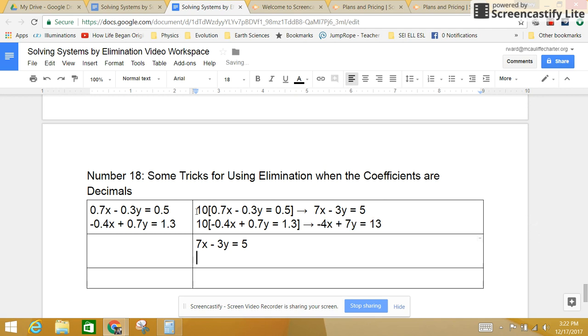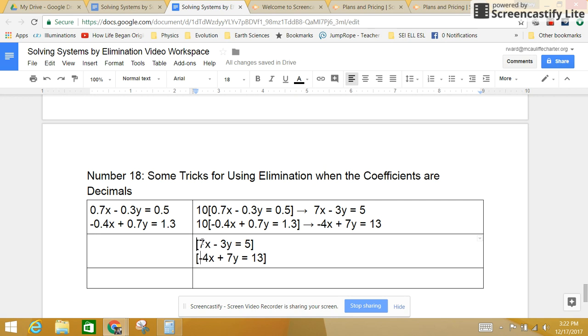Now, the first thing I notice is that they don't have any coefficients that are equal or are opposite. So I've got to multiply them by something more to get at least one pair of coefficients to match up. So if I deal with the x's, I can use a tool that's familiar from getting common denominators to get common multiples here.